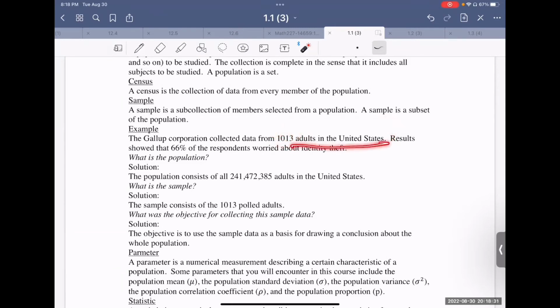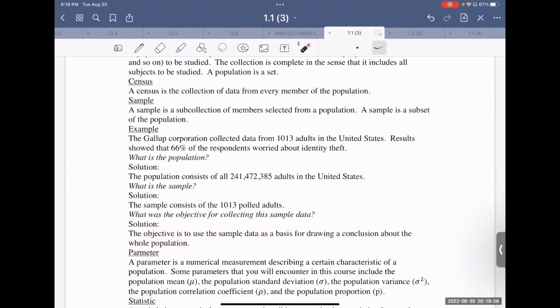So I want to somehow figure out, of adults in the United States, what percentage of them worry about identity theft. Maybe these 1,013 adults will give us an indication of what percentage of the adults in the United States worry about identity theft. So we want to use this sample data to draw a conclusion about the population.